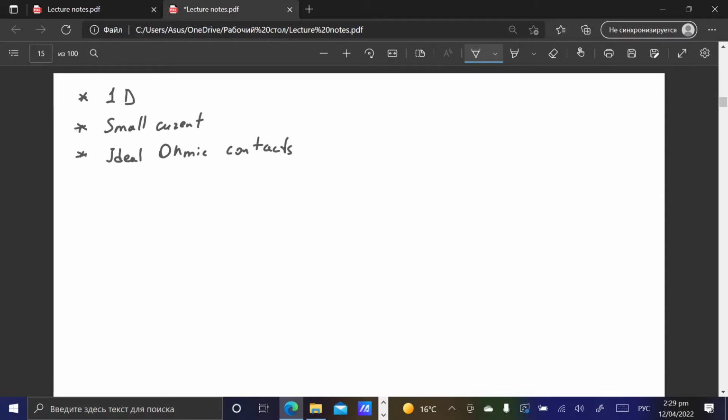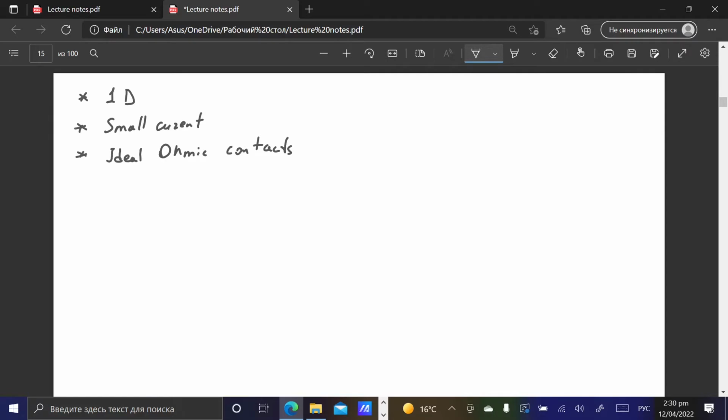But even with ideal ohmic contacts, as I mentioned before when we considered the measurement of depletion layer capacitance, the neutral region of the semiconductor is heavily doped and very conductive because of the high concentration of majority charge carriers.